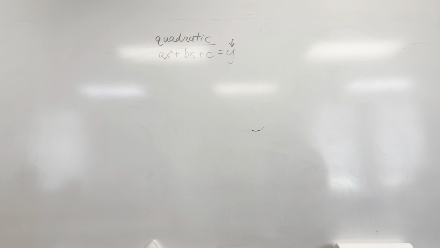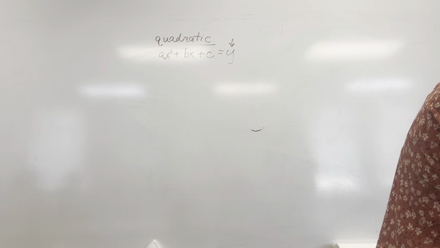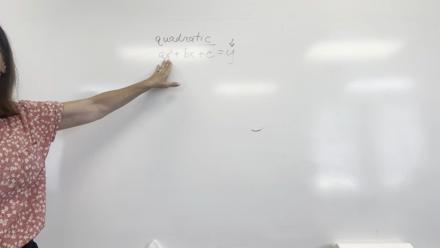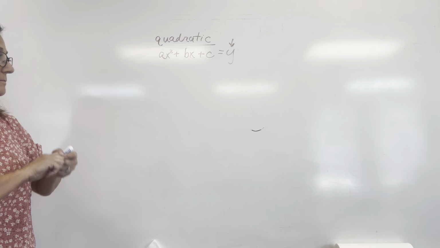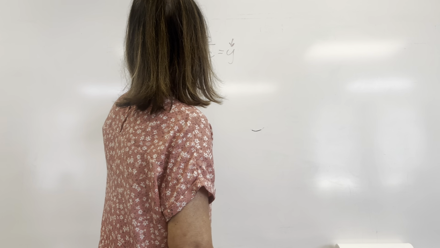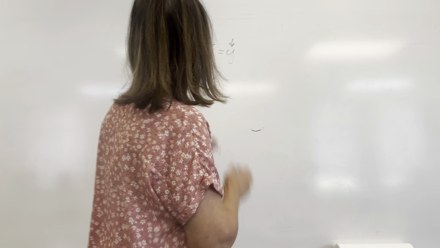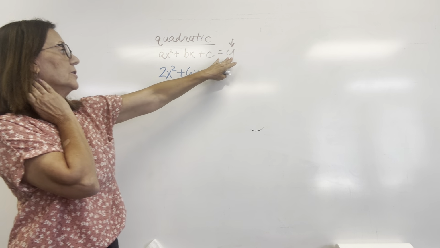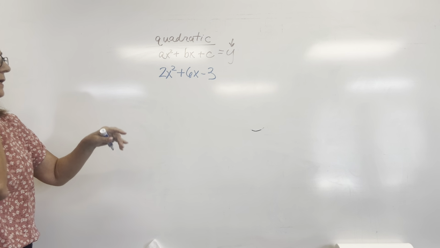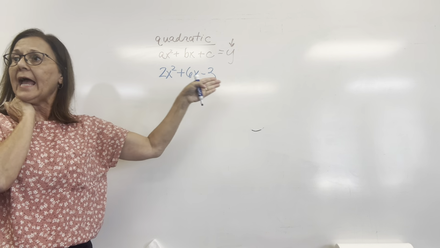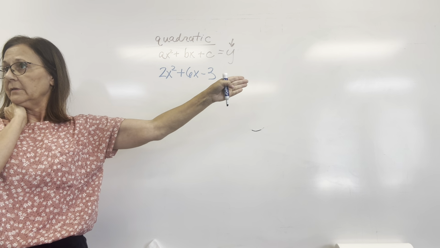All right, so if it's a quadratic, quadratics are 2nd degree polynomials. I'm just going to write a quadratic up here. There are 4 terms in a quadratic, and you always write it in descending exponential form.